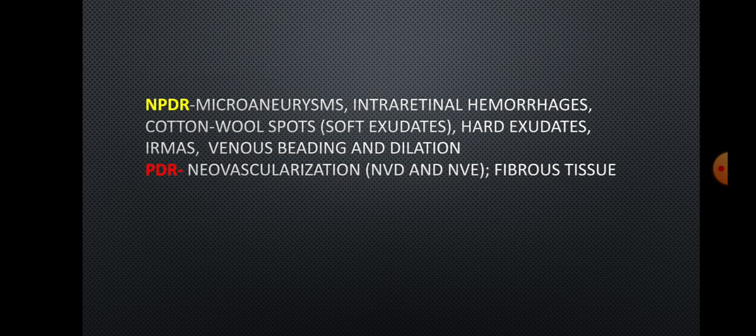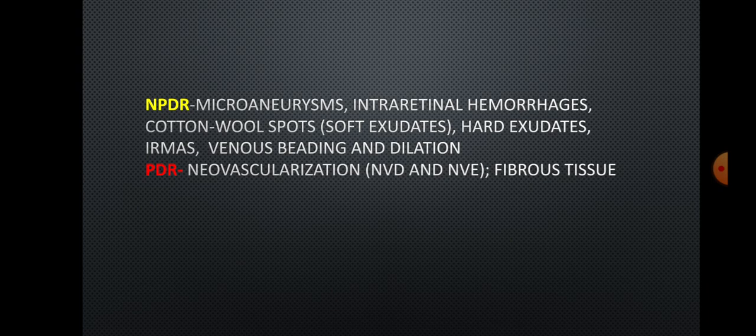But first of all, I want to talk briefly about the classification of diabetic retinopathy. There are two types: non-proliferative diabetic retinopathy and proliferative diabetic retinopathy. In NPDR, we can see microaneurysms, intraretinal hemorrhages, cotton-wool spots, hard exudates, edemas, in other words, intraretinal microvascular abnormalities, venous bleeding, and dilation.